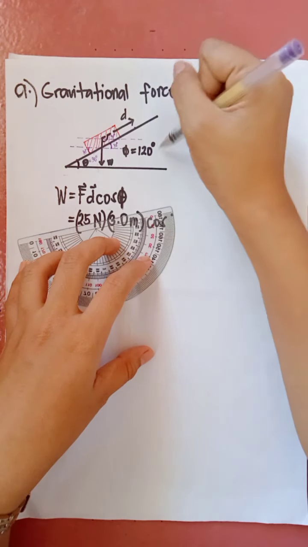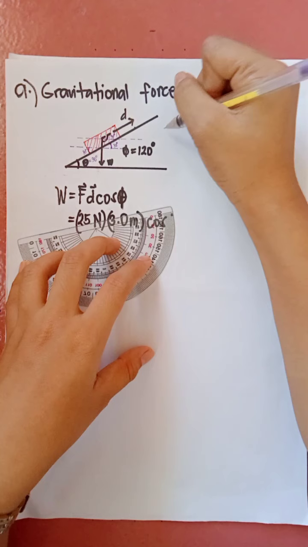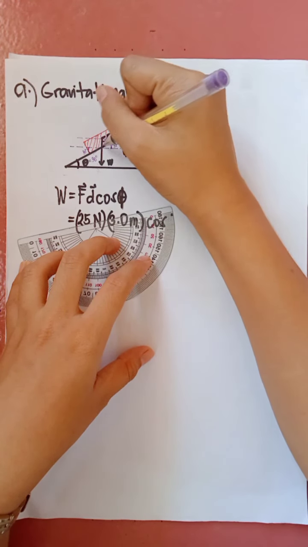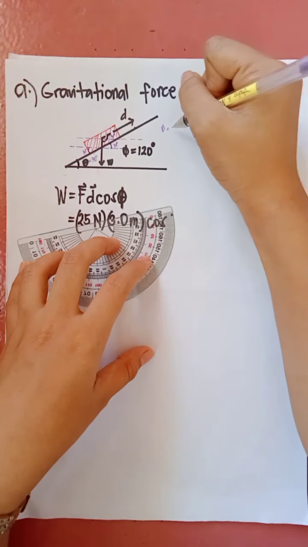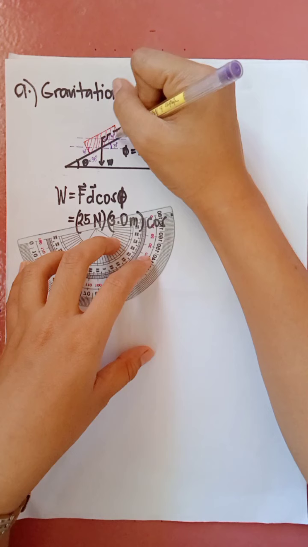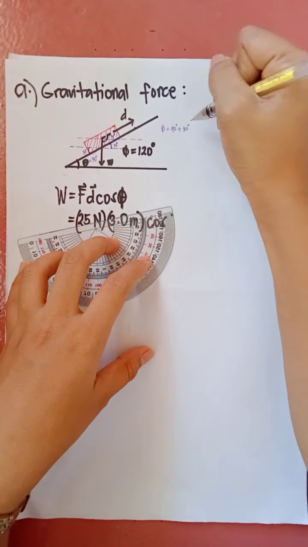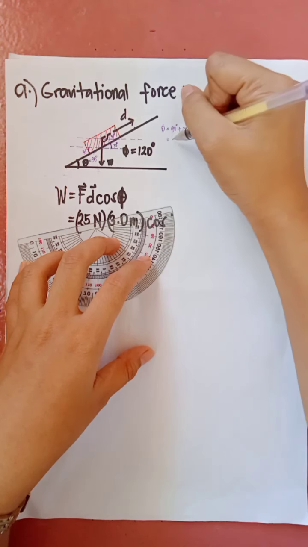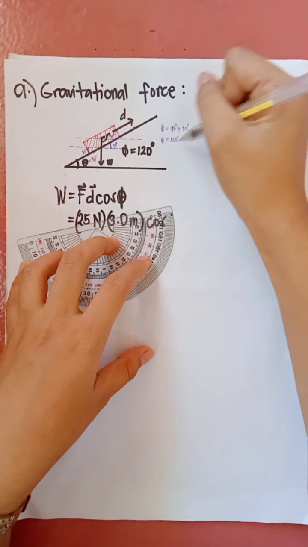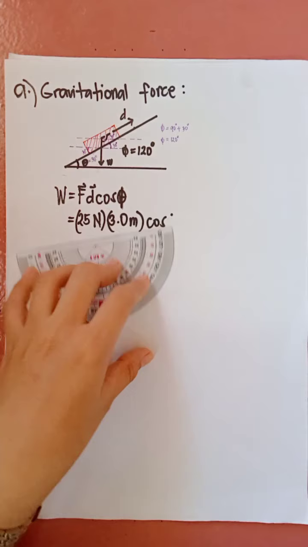So how did we come up with 120? That is, phi is equal to, what's this one? 90 degrees. 90 degrees plus this one is 30 degrees. Alright, 90 plus 30, we get 120. Therefore, angle phi is 120 degrees.